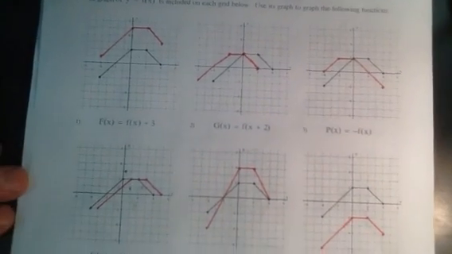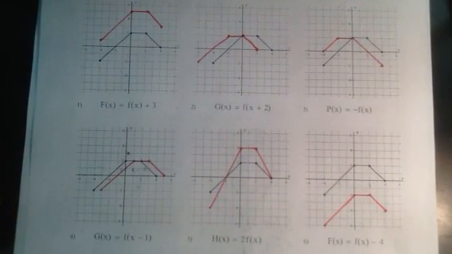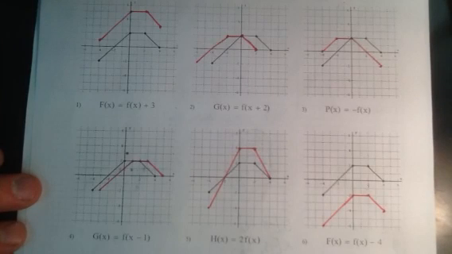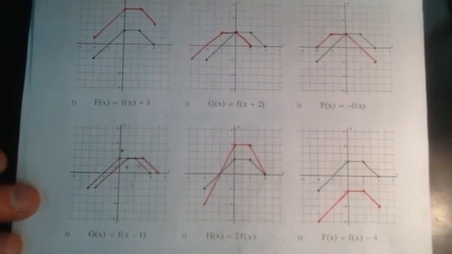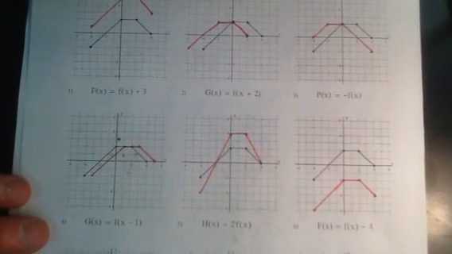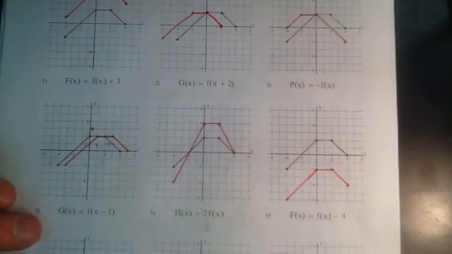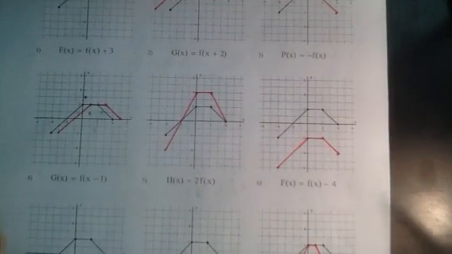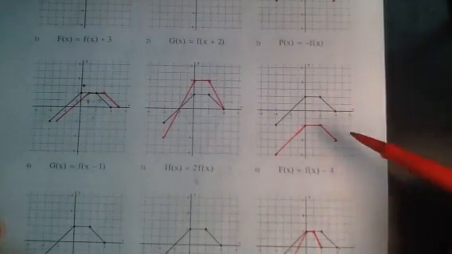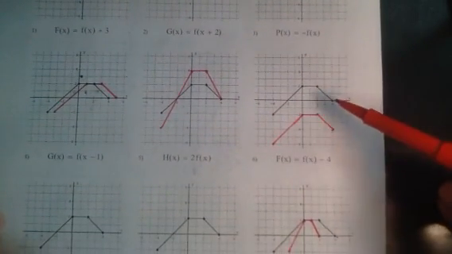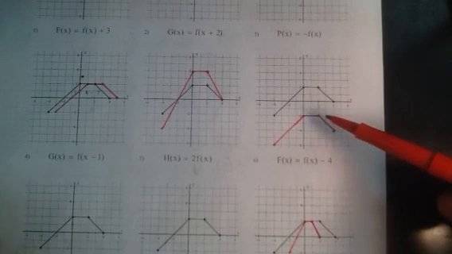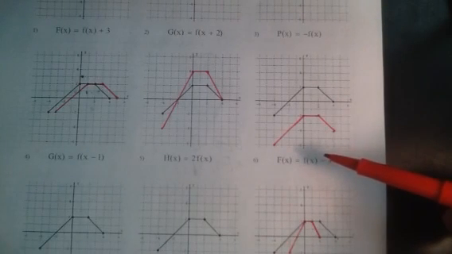Now, if you work this out and had a t-table and transformed your t-table and whatnot, that's okay. But you will probably, or hopefully, progress to the point where this can be done straight from the graph. Here's another good example where you can just take this and shift it straight down.